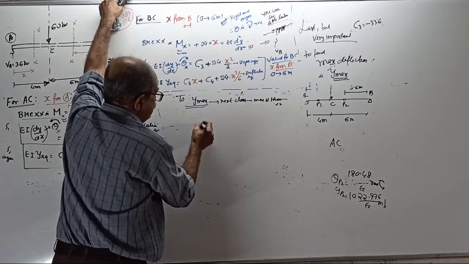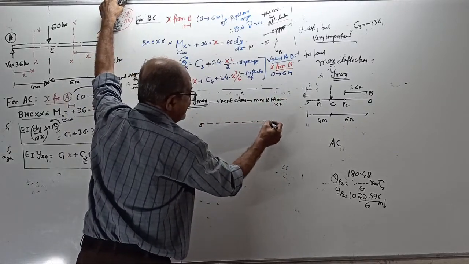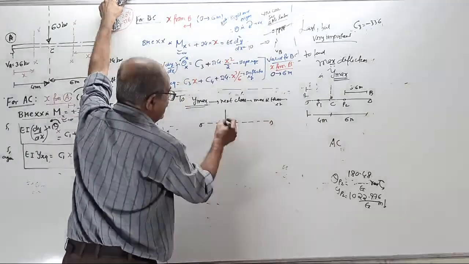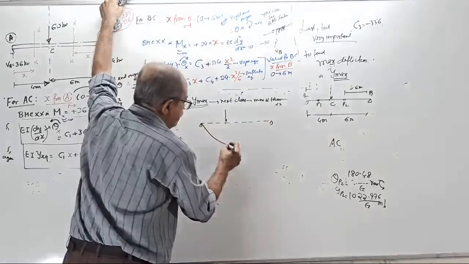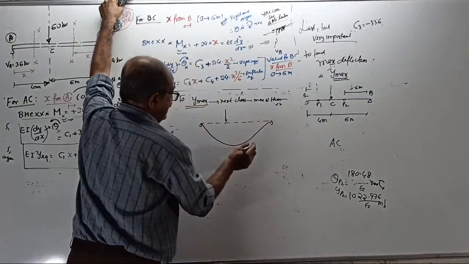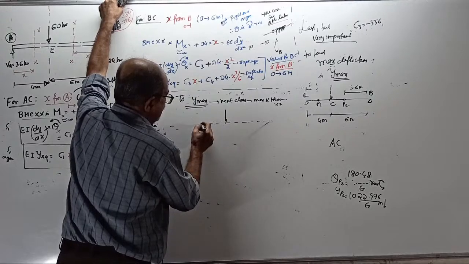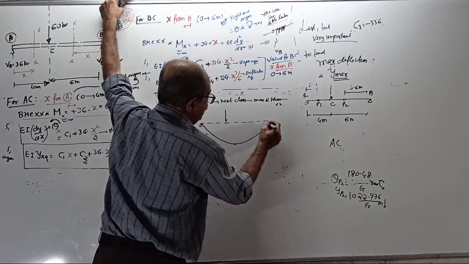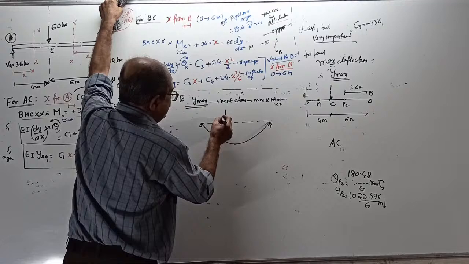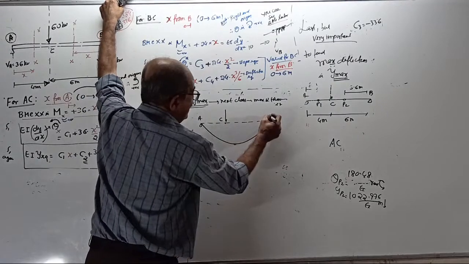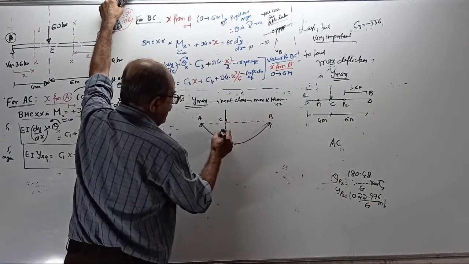See, the beam is like this. The point load is here. The beam will bend like this. Okay. See, the beam elastic curve will go this way. Therefore, this is C, this is A, this is B. This is your YC.